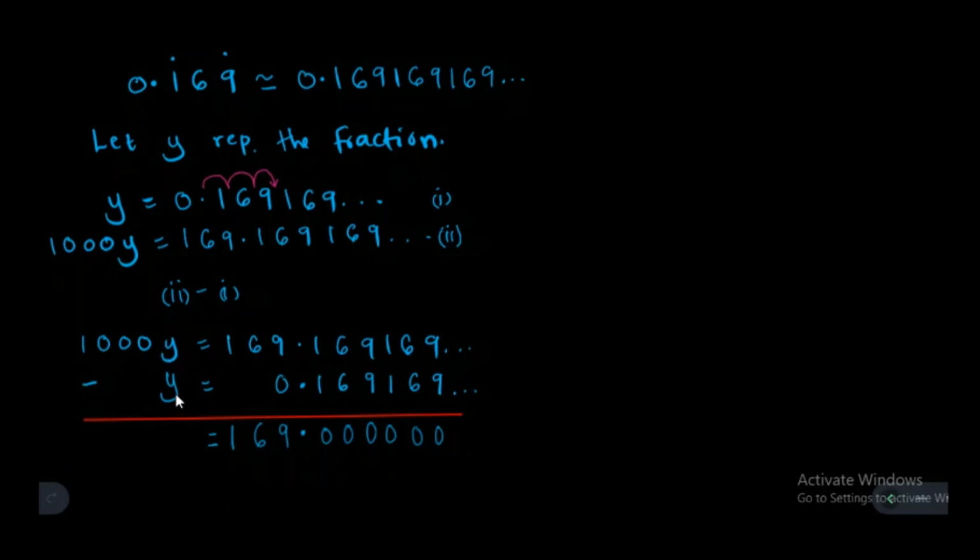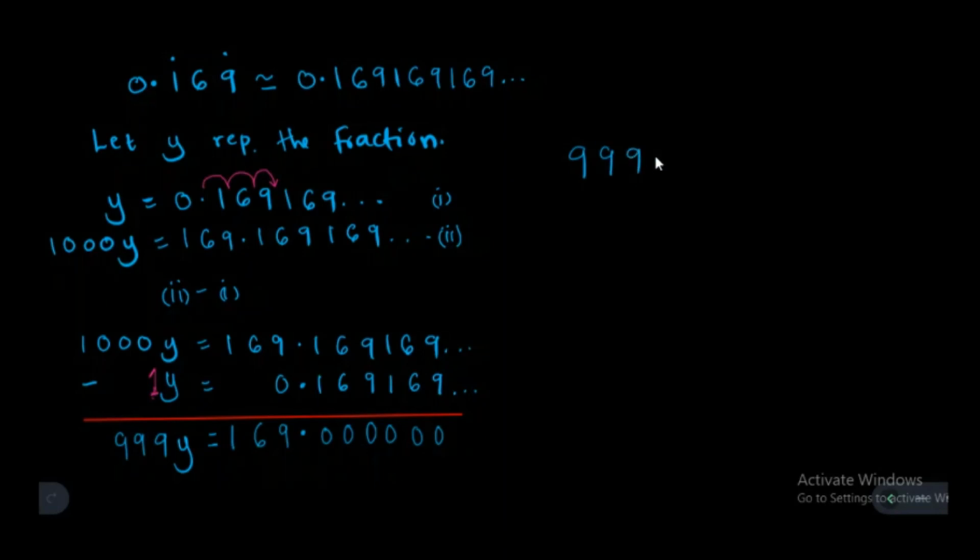Now this is 1000y take away y, so when we have a letter, that means there's just a 1 right here, 1y. So I'm going to put the 1 there so that it helps us understand how to subtract those numbers. So 1000 take away 1 is 999y.